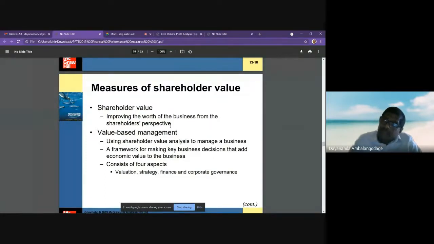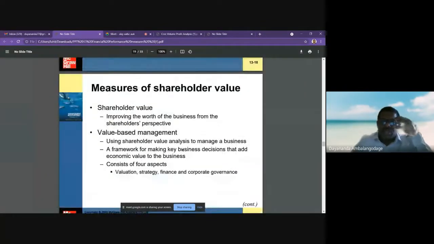You are looking from the shareholder perspective. Value-based measurement uses shareholder value analysis to manage business, a framework for making business decisions that add economic value to the business, and consists of 4 aspects: valuation, strategy, finance, and corporate governance.